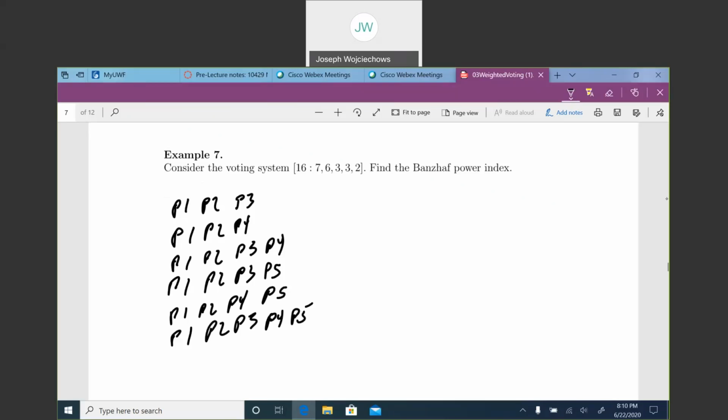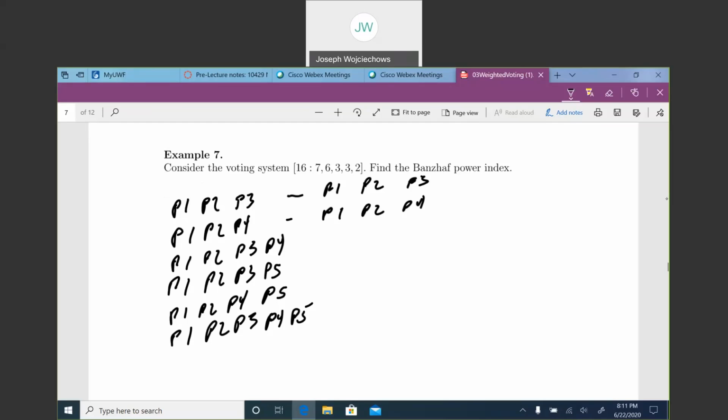And I think that is all of them. So in this first case, it adds up to a total of 16, so all of them are critical. Player 2, player 3. Same here, player 1, player 2, player 4.